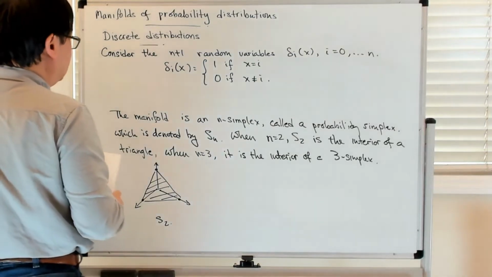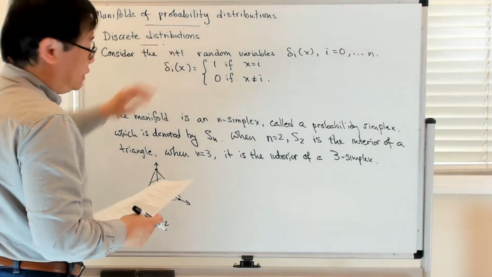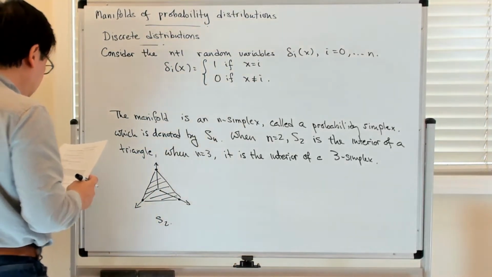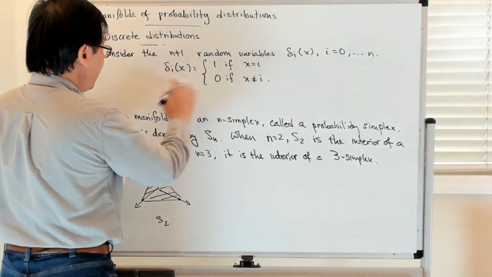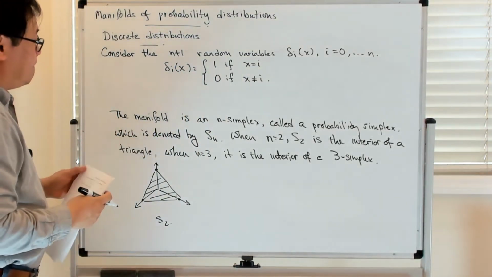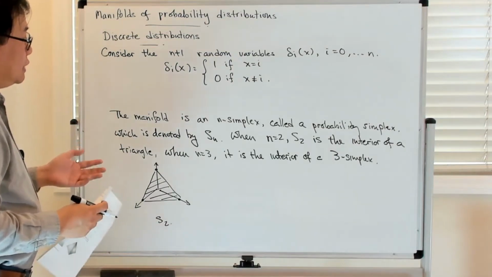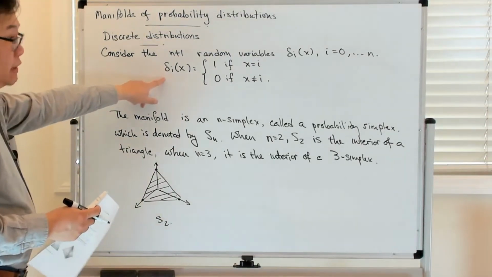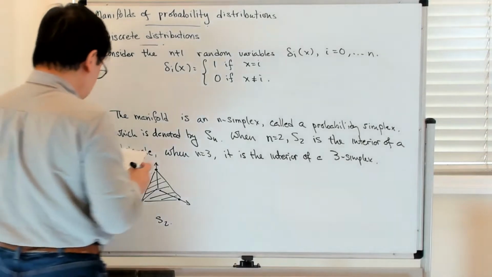Okay, so this is basically just the Kronecker delta function, all right? Then with that, you can write down any probability distribution as an appropriate linear combination of these random variables, okay?